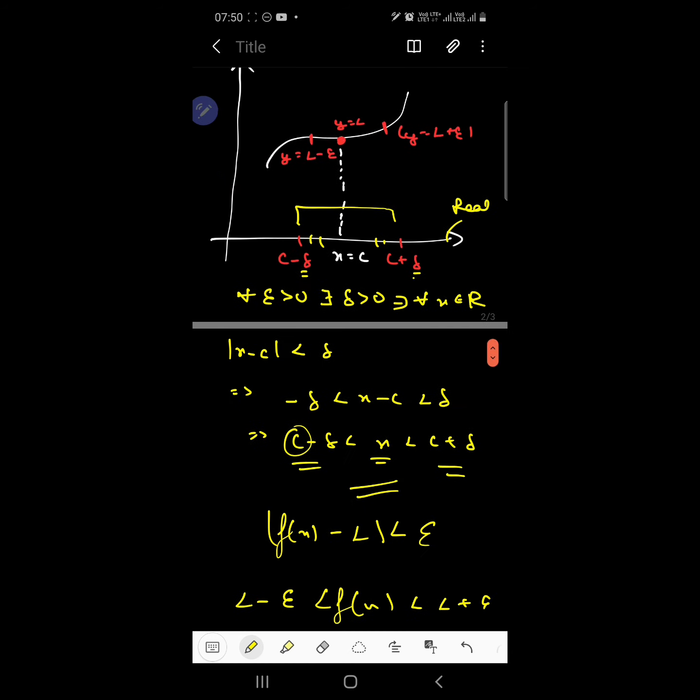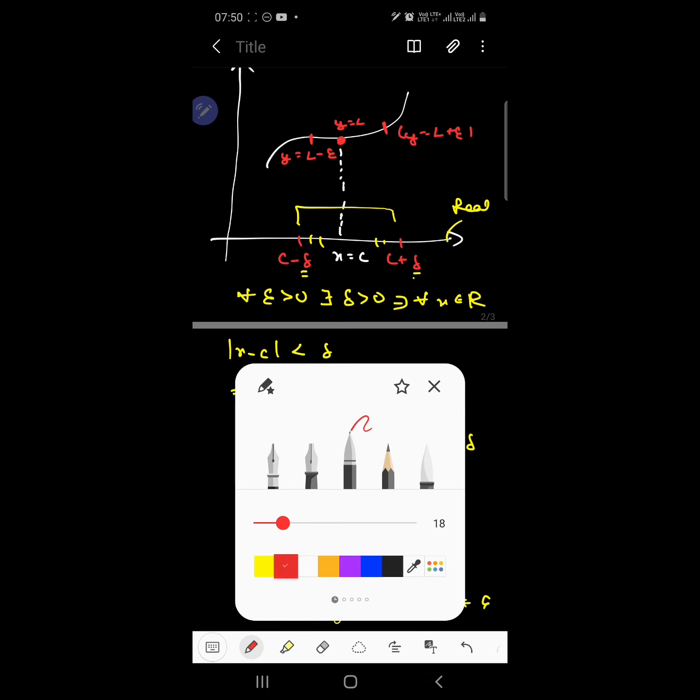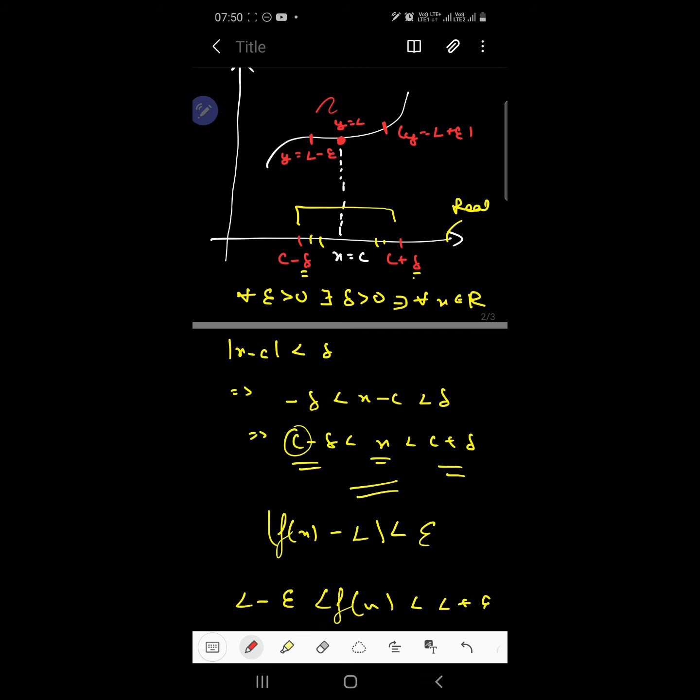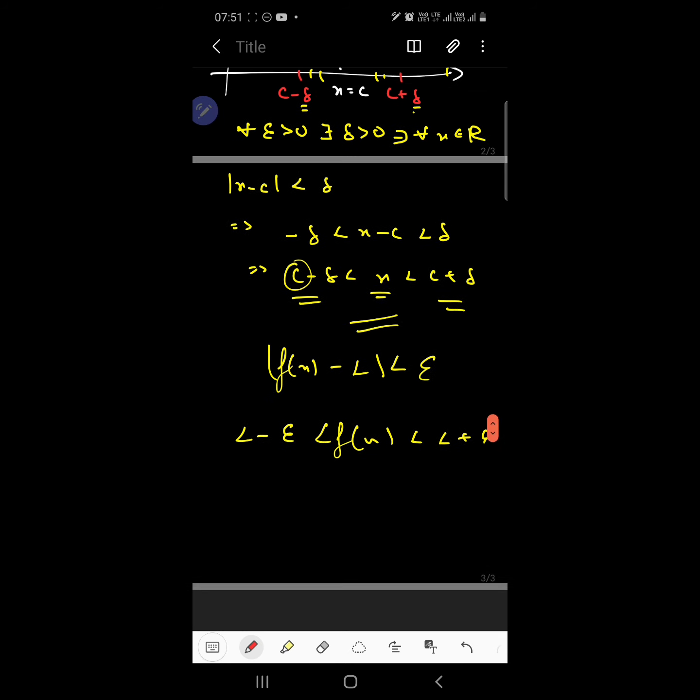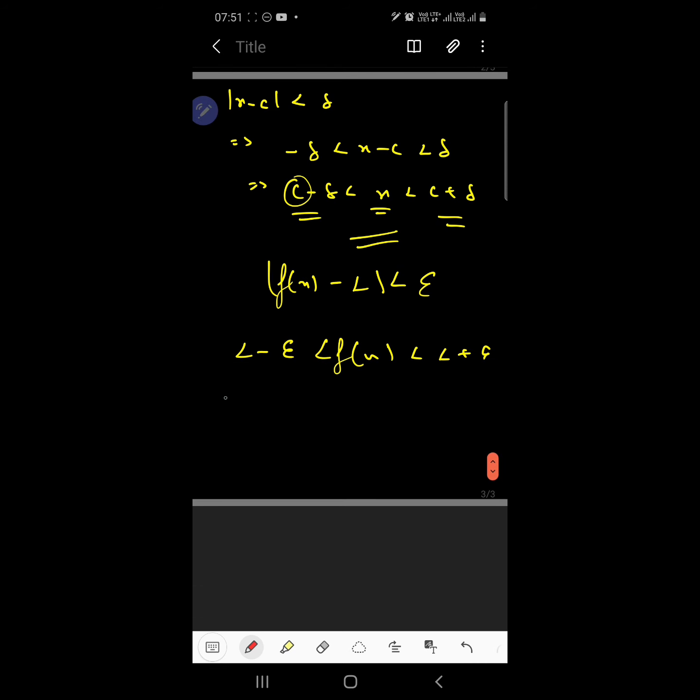So when describing this graph, we say that when x lies in the interval c minus delta to c plus delta, f(x) will lie in the interval L minus epsilon to L plus epsilon.